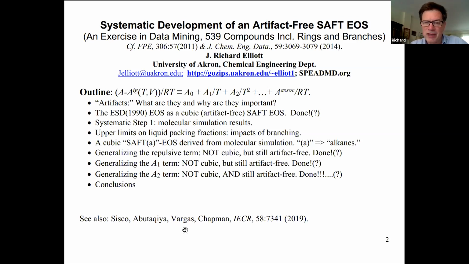And his version, if you look at it, is more like a Frankenstein's monster of things pulled together from different places. In the ESD equation, we do all that, but it's all really just completely self-consistent. It's just based on a particular assumption about the radial distribution function of a hard sphere fluid.